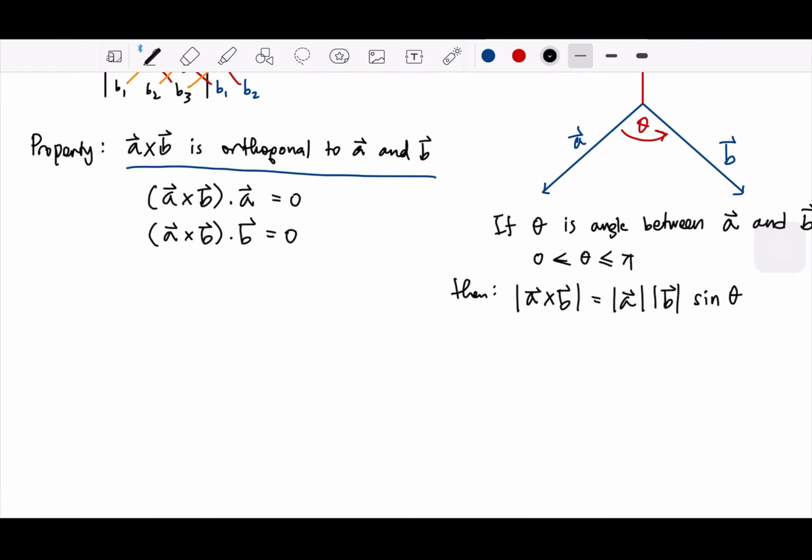Okay, so if we start with the equation A cross B, and then we square A cross B, all the results of the cross product will also be squared.